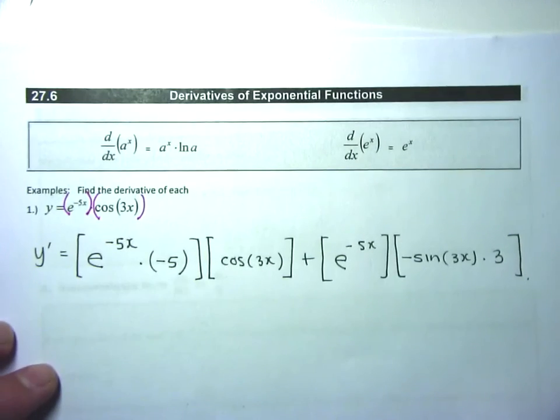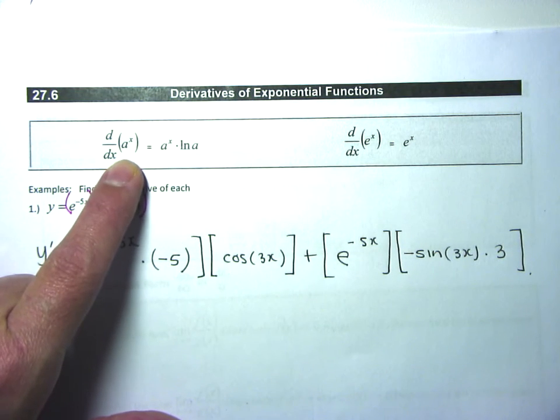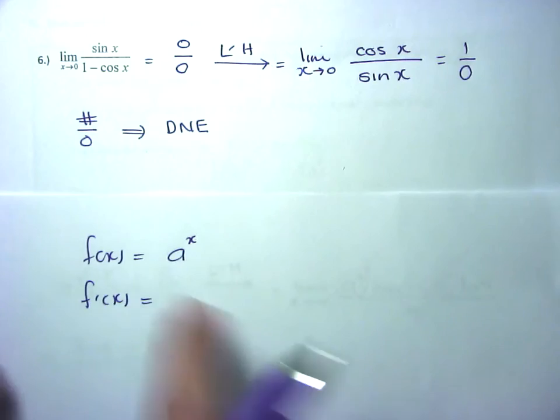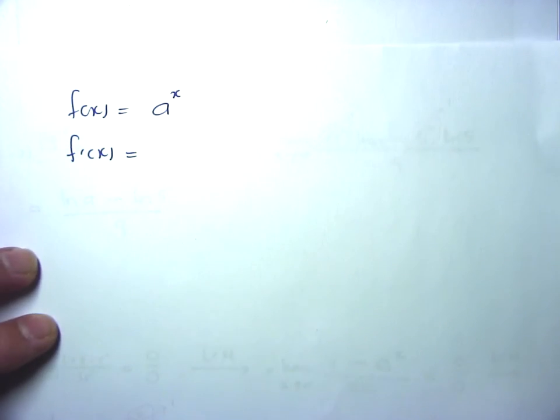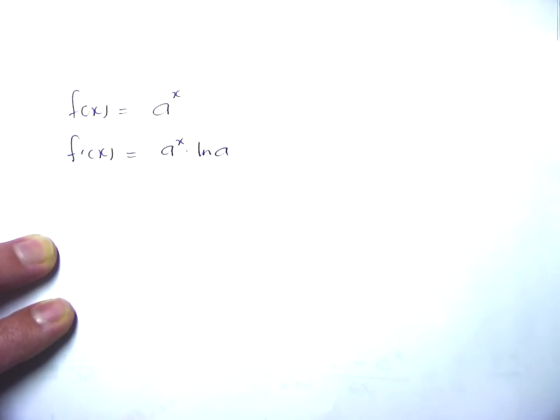It was on page 120, right? What is the derivative of a raised to the power x? It is a to the power x times natural log of a. You can replace a with anything here. A represents some constant. So the derivative of a to the power x is a to the power x times natural log of a.